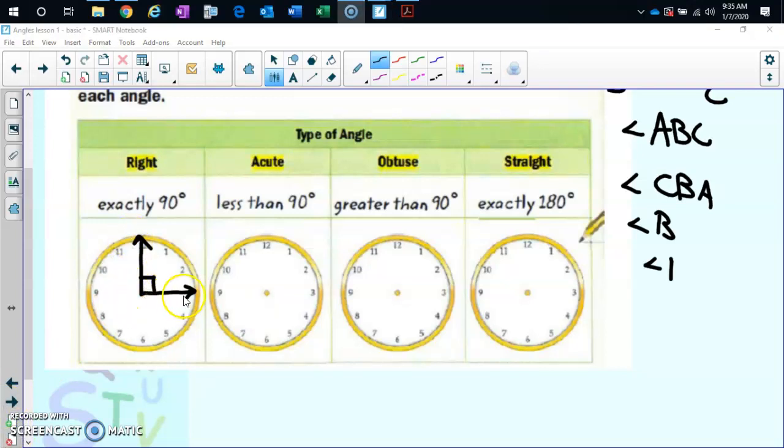When you draw a right angle, it's like a corner of a room. You must put this little box in the corner to show that it is a right angle. We are not going to eyeball things. They need to be labeled. It either needs to say that it is 90 degrees or it needs to have that box.